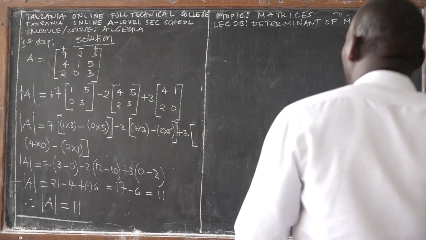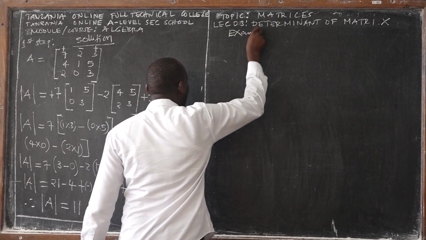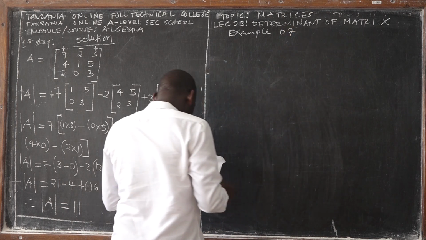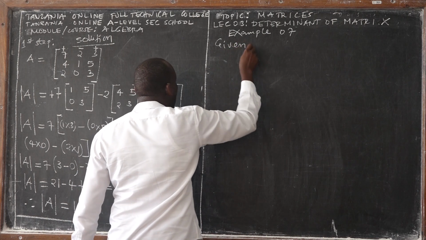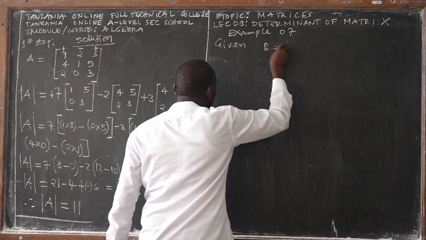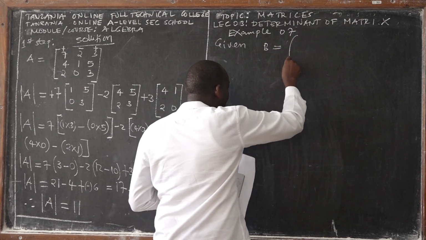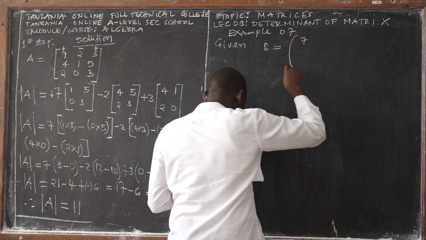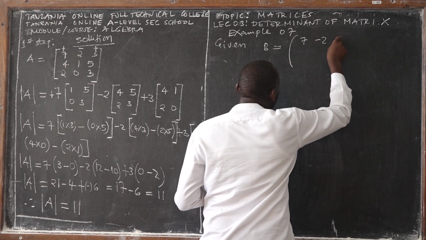Okay. Then after that, let us do another simple example, but this time with some elements which have negative numbers. So this is example 7, and the question is: given a matrix B, which is equal to, you may use this bracket sometimes, okay? 7, negative 2, positive 1.